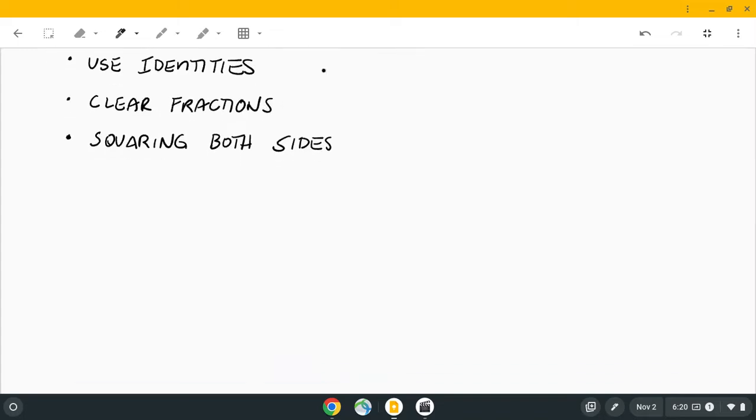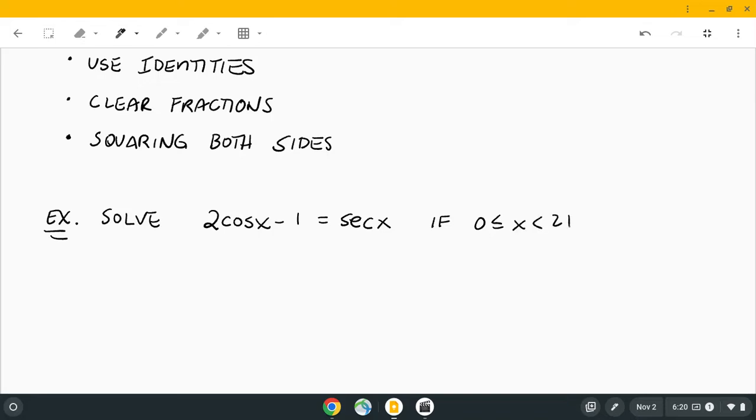All right, so let's take a look at this first example here. Suppose you have to solve 2 cosine x minus 1 equals secant x, if x is somewhere between 0 and 2 pi. Okay, so we kind of like this.